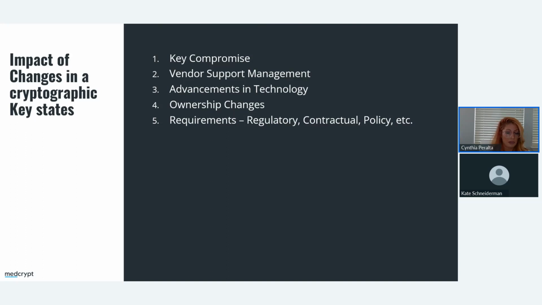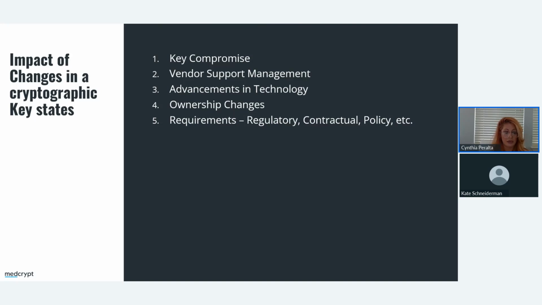It is sometimes necessary for an authorized administrator to make changes to the key's parameters, which cause a change in the key state during a key lifecycle. Reasons include: the key or associated data or even the encrypted key is suspected of compromise; a change in the vendor support of a product, or you need to replace the product; technological advances that make it possible to attack where it was previously infeasible; change of ownership, where a change of key is associated with a change of assignment of liability; and even regulatory requirements, contractual requirements, or policies that mandate a maximum operational life, such as the crypto period that we mentioned earlier.